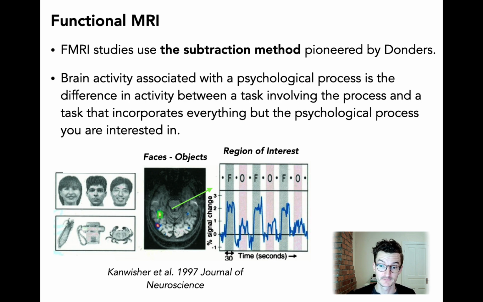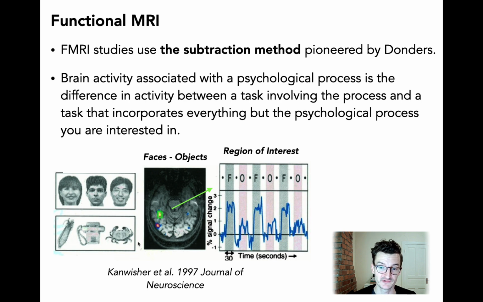So this is some data from a very famous study that looked at a part of the brain that seems to be involved in face perception. It's called the fusiform face area in the temporal lobe. And so what they did in the study was they showed people pictures of faces, and they showed them pictures of objects. And they simply compared the fMRI signal during face perception to the fMRI signal during object perception.